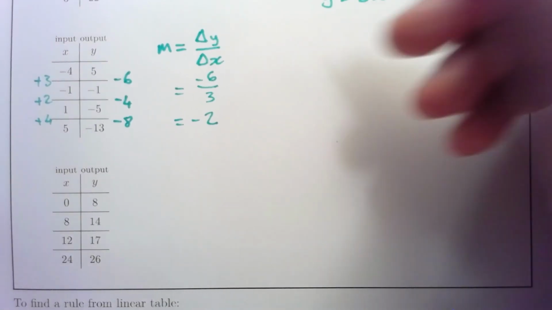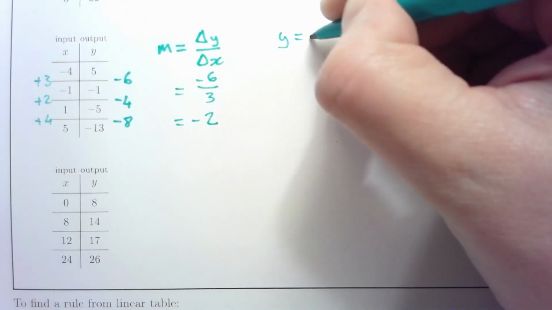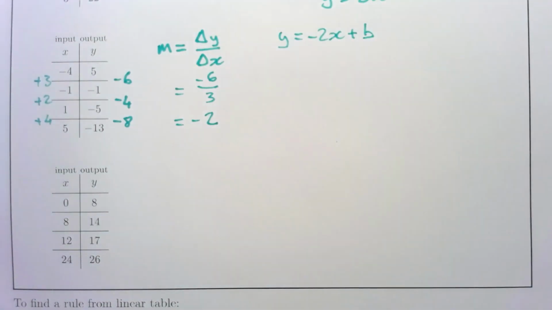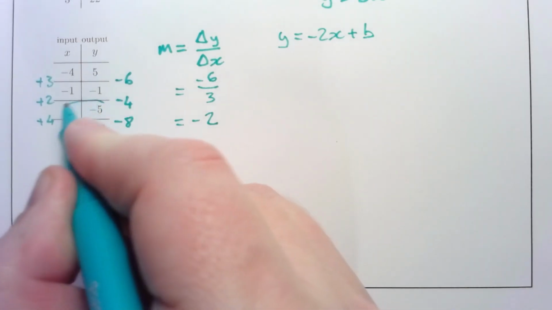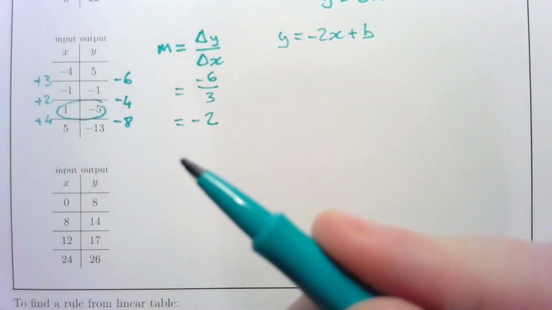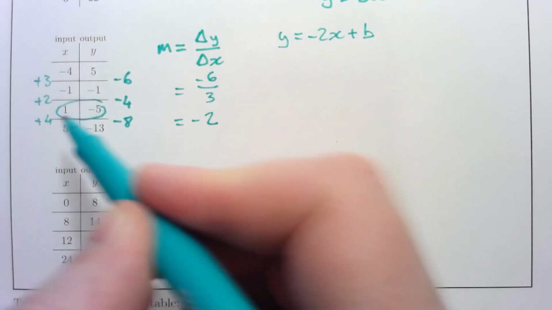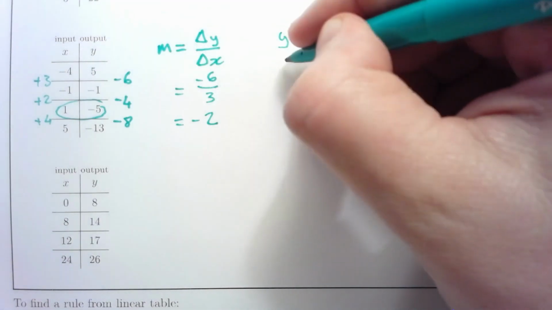Okay, so this means that y is equal to -2 times x plus our constant b that we don't know yet. Let's pick an entry in the table to use. I'm going to pick this one. We're sort of stuck using negative numbers, and it'd be nice to avoid negatives, but one's a nice small number, so that will hopefully make our calculations a bit easier.